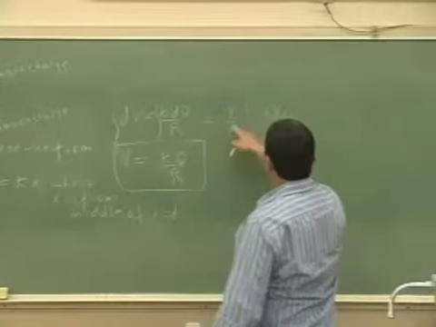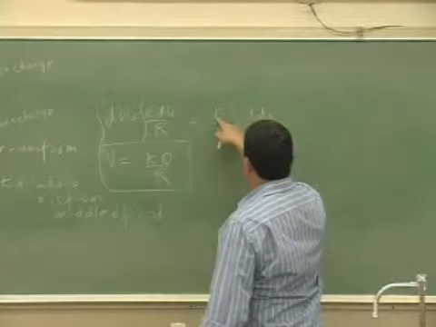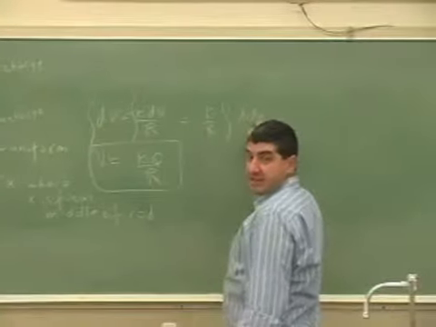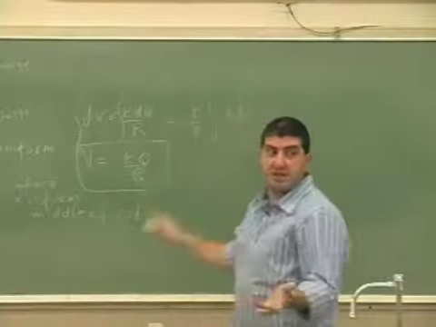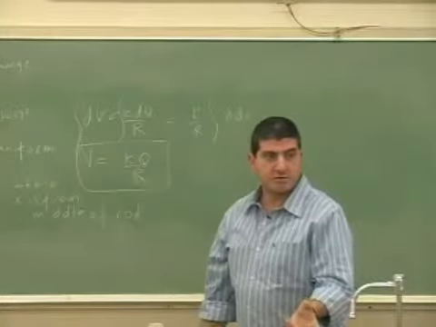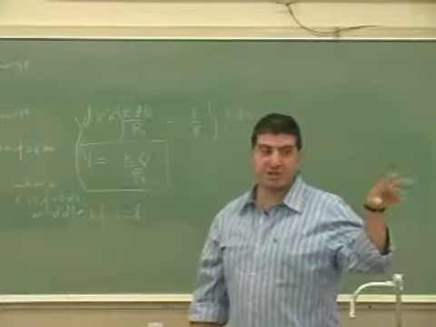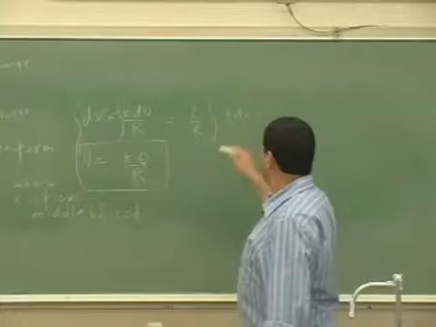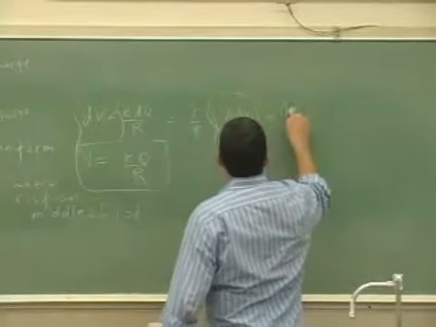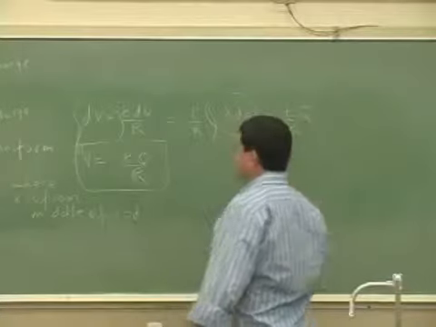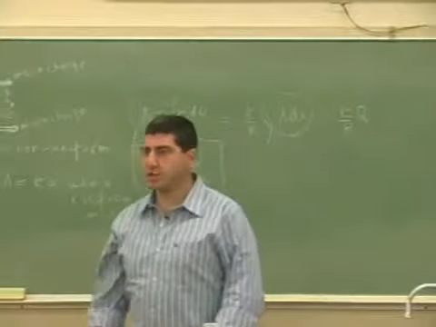If you take the r out and you take the k out and you integrate lambda dx, well, the integral of lambda dx is q, right? It doesn't matter how the lambda changes as a function of x. The integral of lambda dx is q. So the answer still comes out to be kq over r.